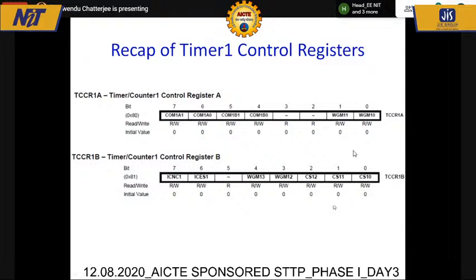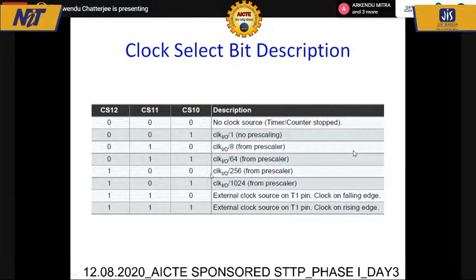Now what will happen? First of all, let us start with our known thing, that is the prescaler or the clock setting of the timer. If you remember, these 3 bits, CS12, CS11 and CS10, are going to control the prescaler. Yesterday we used 101 here, but today we need a faster time interval.